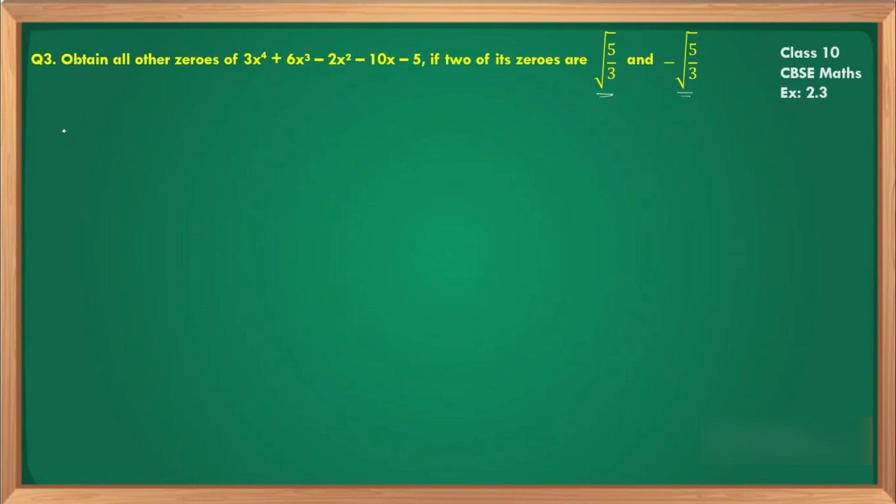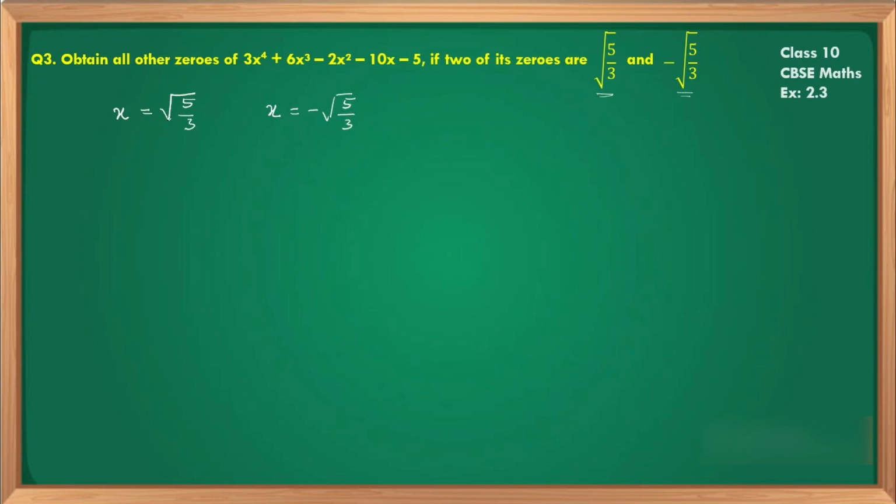Okay, to start with, we know that one value of x is root of 5 by 3. And another is x is also equal to minus root of 5 by 3. This is already given.